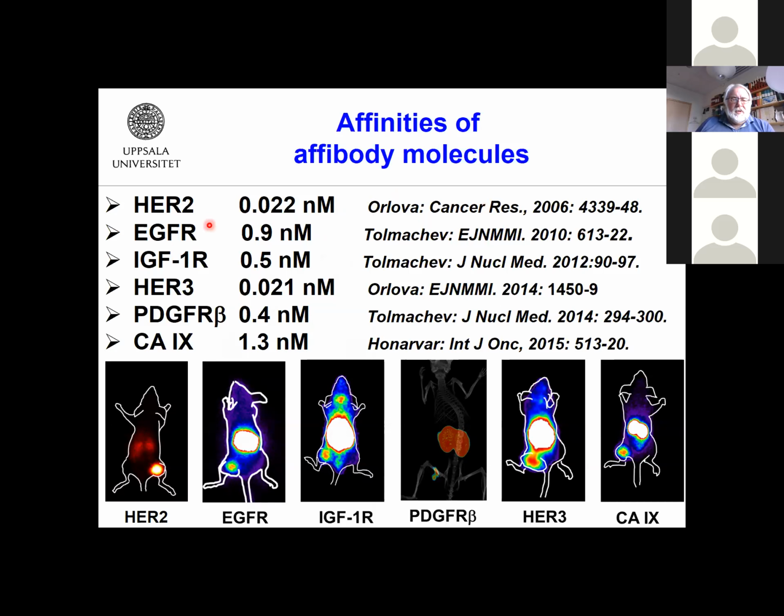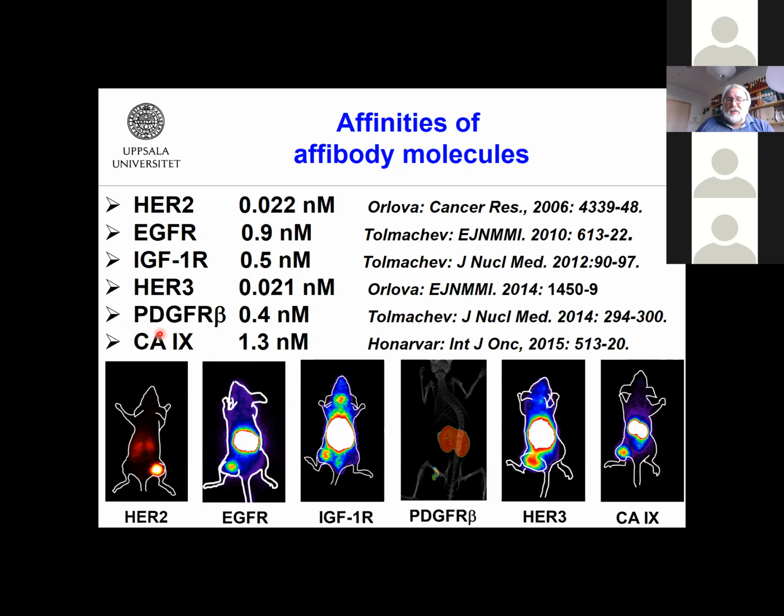For example, it's EGFR or HER1. It's a molecular target for antibodies panitumumab or cetuximab, and is a molecular target in head and neck cancer or colorectal cancer.